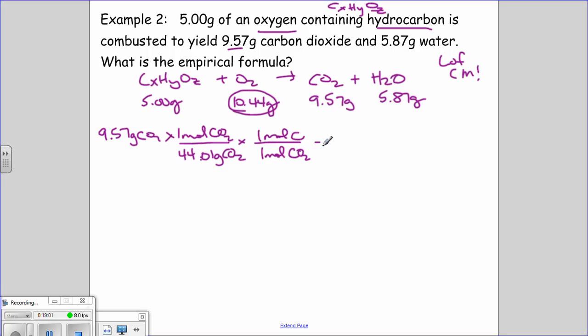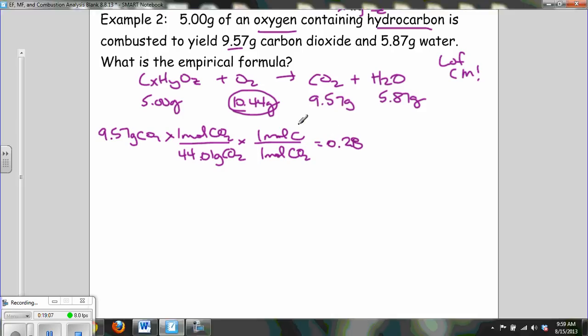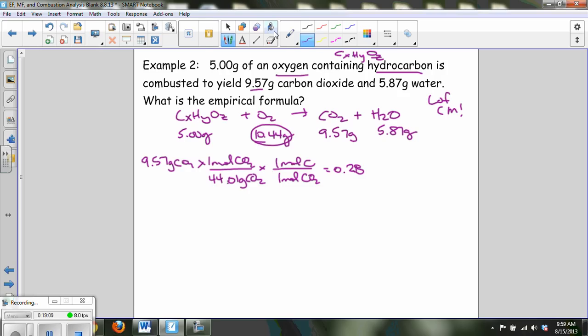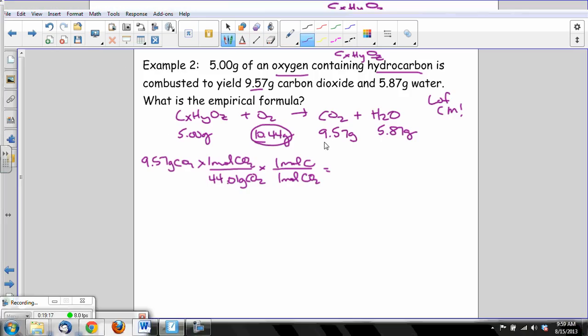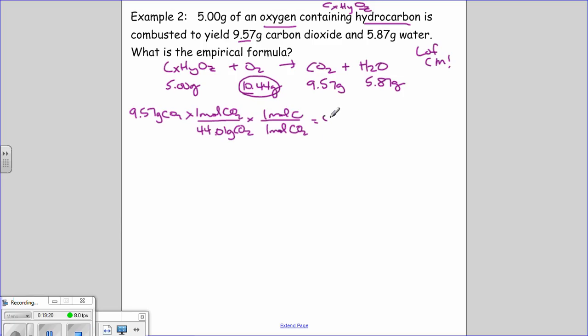I'm going to stop right here, and I get 0.218 moles of carbon.